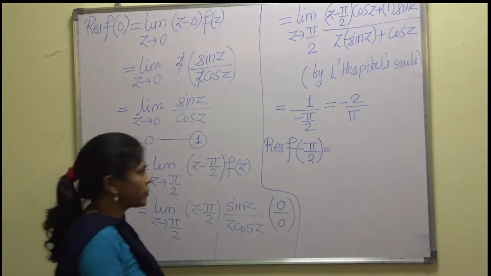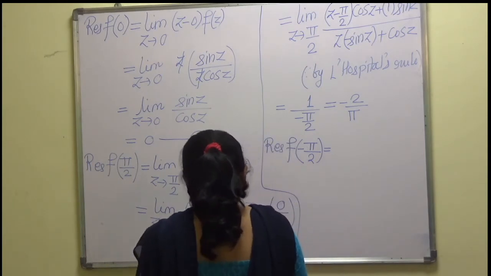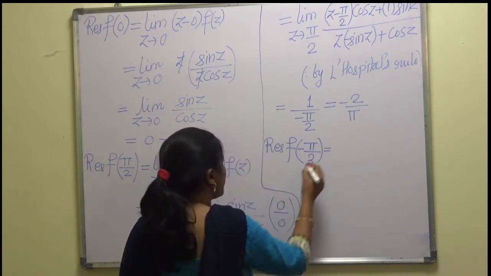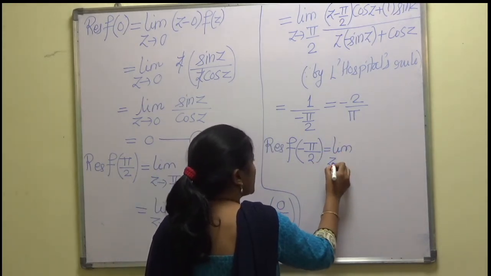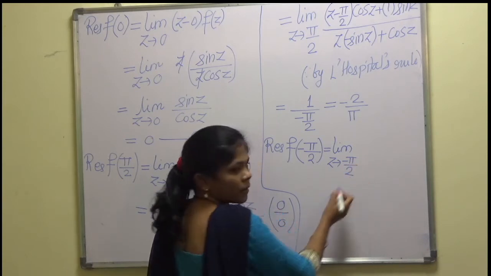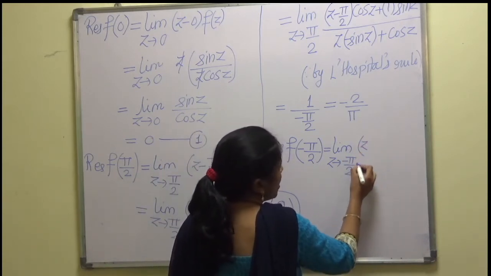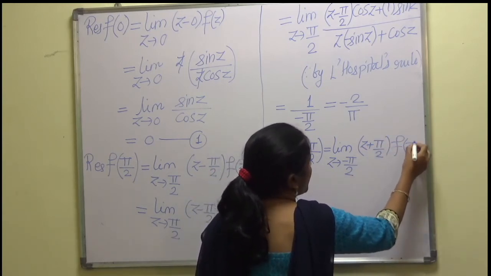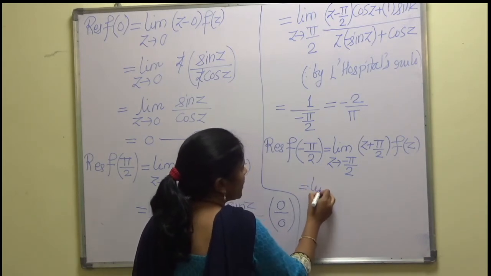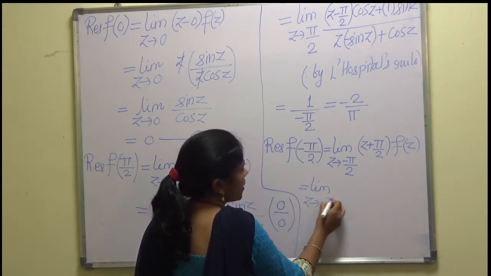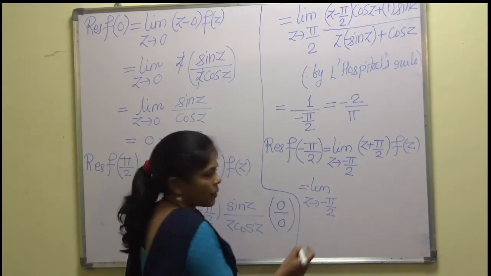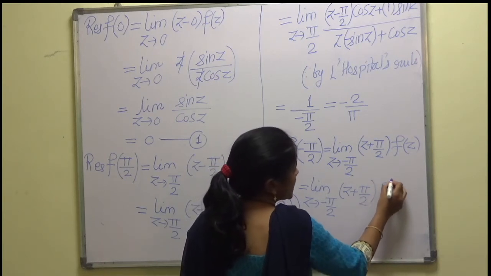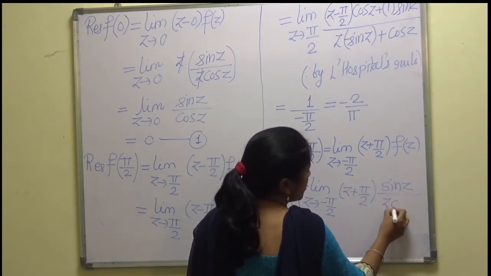If you do it along the same lines, let us see what it will come out to be. It is limit z tends to minus pi by 2, then z minus a, so minus minus plus pi by 2, into f of z. So that is equal to limit z tends to minus pi by 2, then z plus pi by 2, put f of z, that is sin z upon z into cos z.